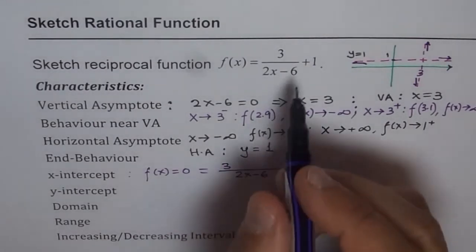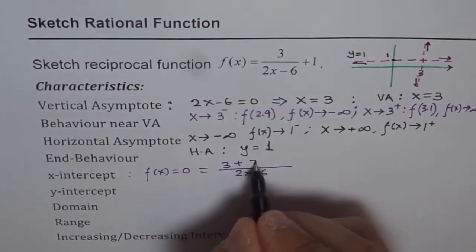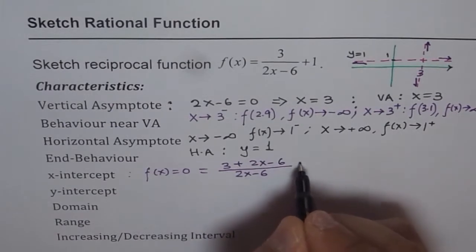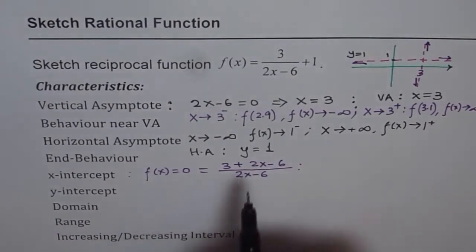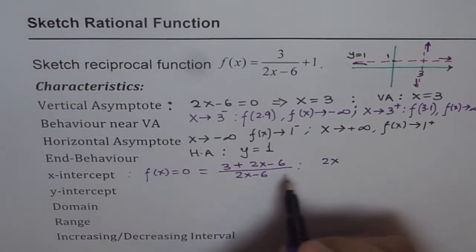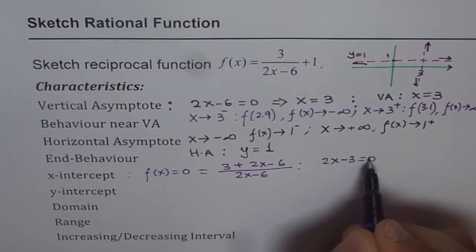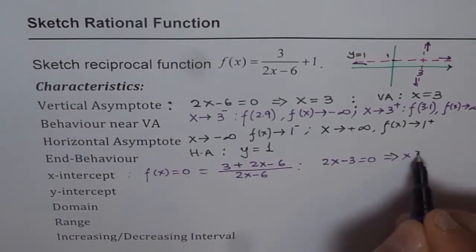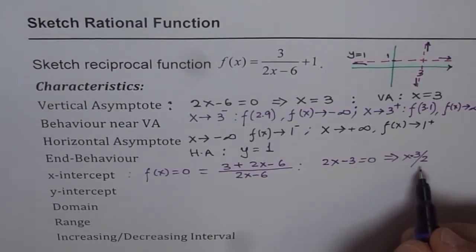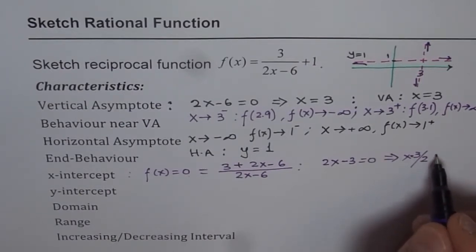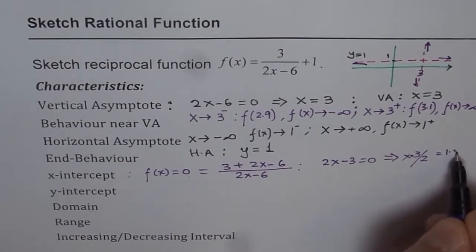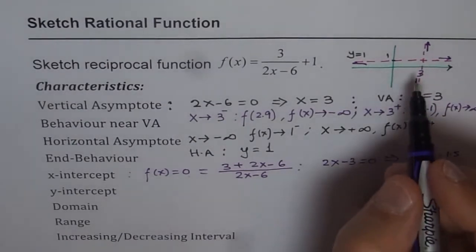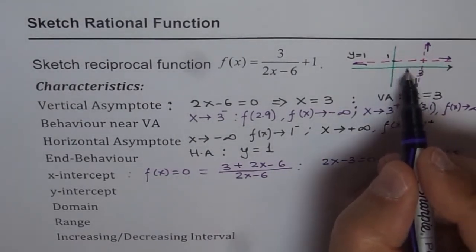We get 3 plus 2x minus 6. Now when f of x equals 0, the numerator should be 0, correct? So we get 2x minus 3 equals 0, and that gives us x equals 3 over 2. So at x equals 3 over 2, we get the x-intercept. That means x equals 1.5, correct?